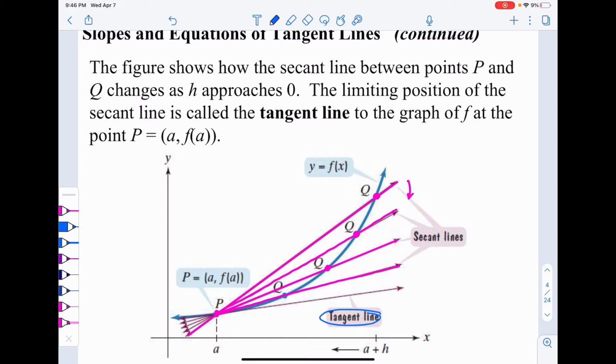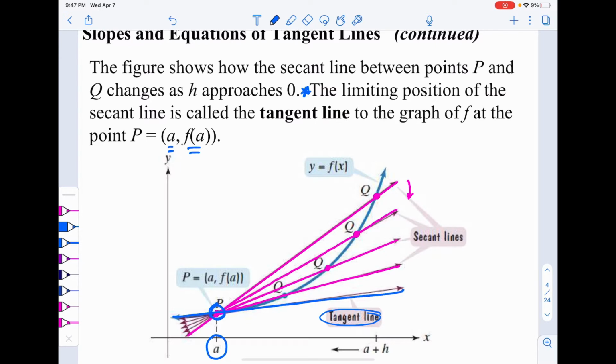If you look at this tangent line, it is a line that goes through only point P. There is no more point Q anymore. Back up to our paragraph, it says the limiting position of the secant line is called the tangent line to the graph of f at the point P, which is the a value and then the value of the function at a.